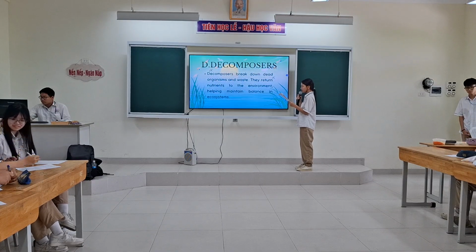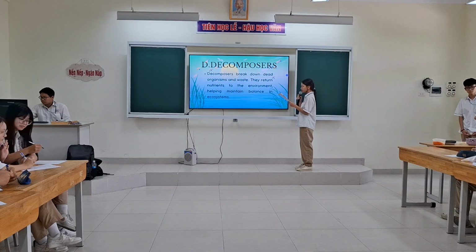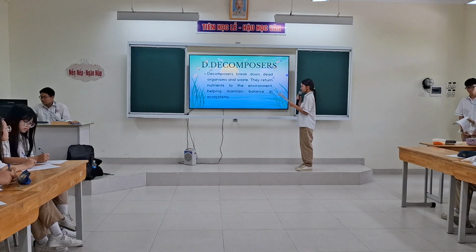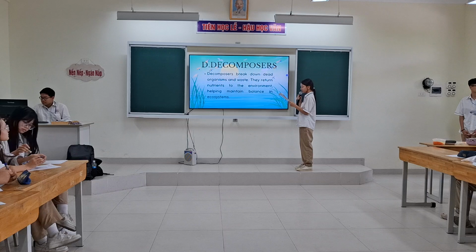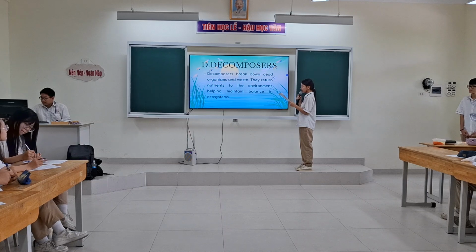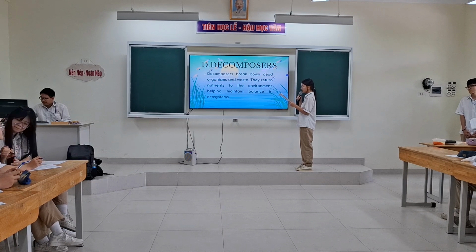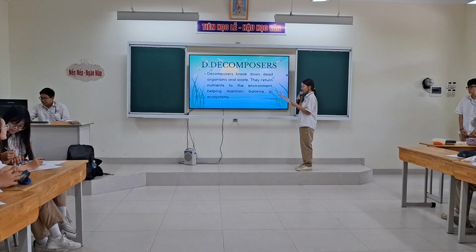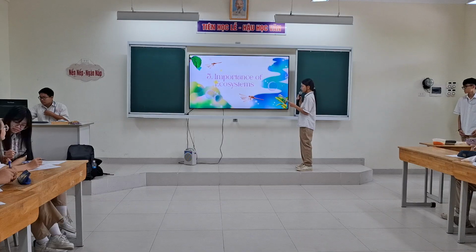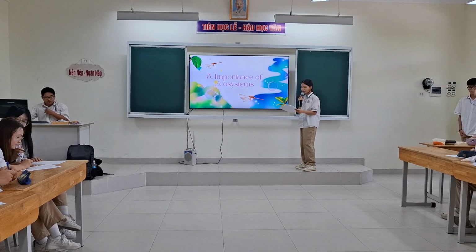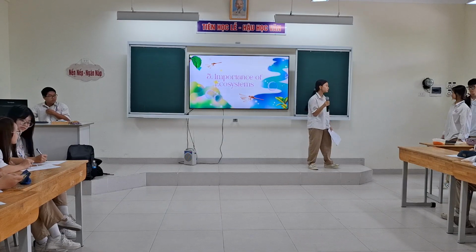Decomposers break down dead organisms and waste. They return nutrients to the environment, helping maintain balance. That is how energy moves through an ecosystem. Next, we will talk about its importance.